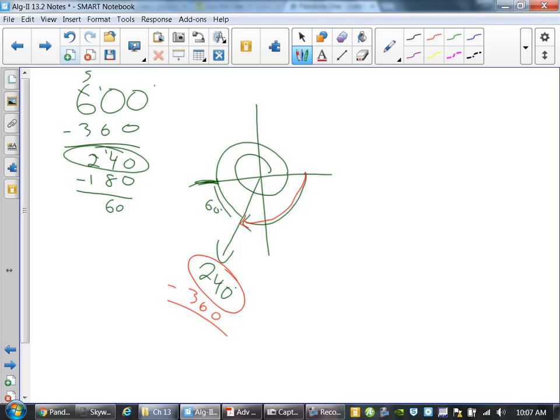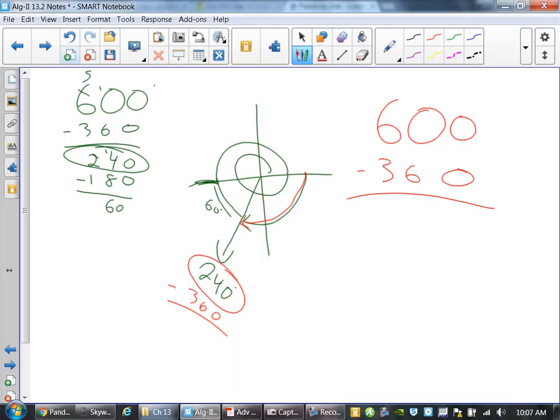What happens with these angles, when you start with a larger angle that's outside of a revolution, and by revolution I mean one full circle, 360, is you subtract 360 until you get your last positive value, which means you're within one revolution. You subtract 360 one more time, and there's your negative angle.